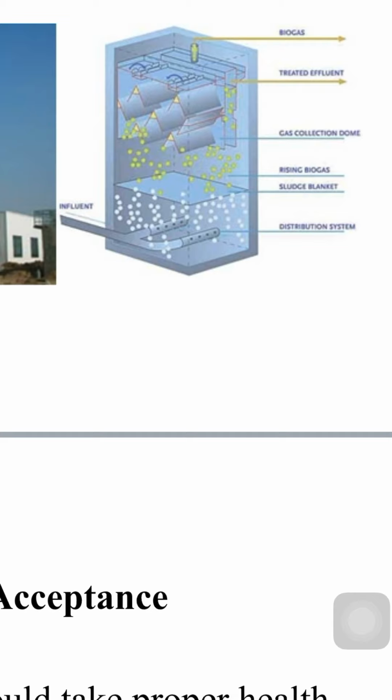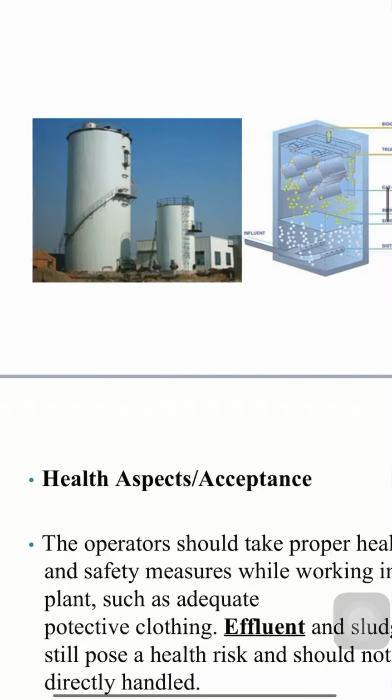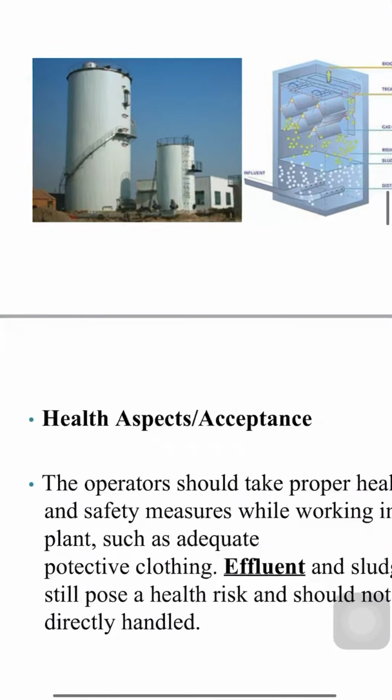For the collection of that, a gas collection dome is also included in the reactor itself. Biogas is collected, and the treated effluent has an outlet system, so it is easily collected.